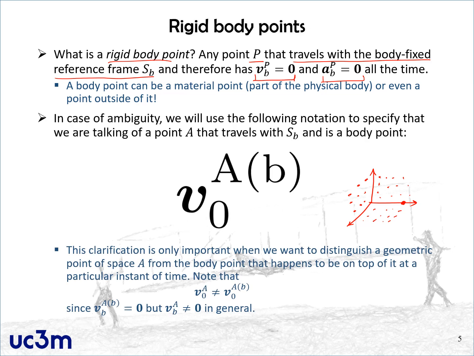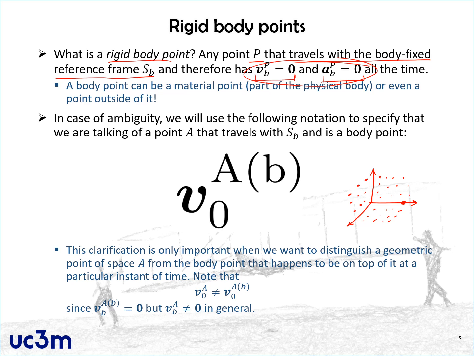Later on in this course, we will have a case of ambiguity where it is important to denote that a point A belongs to a rigid body. By saying that a point belongs to a rigid body, we are basically saying that its velocity and acceleration with respect to a body fixed reference frame are equal to 0.